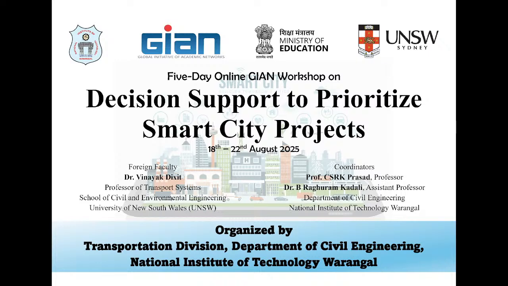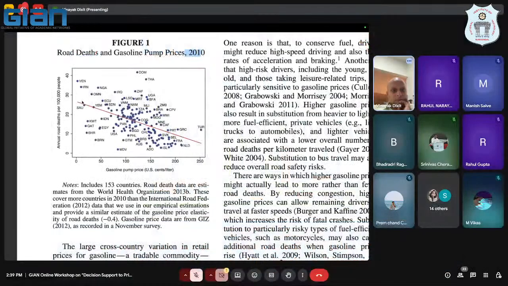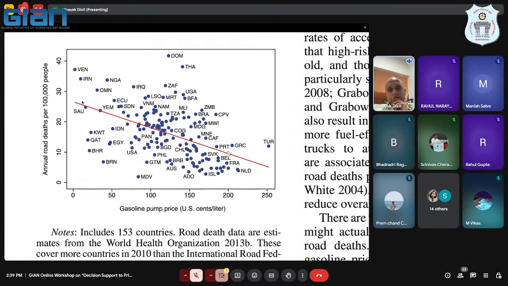One of the things is you can see a nice negative correlation here between the gasoline pump price in a given year, the average gasoline pump price across the country, and the annual road deaths.